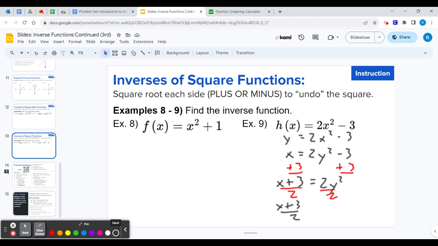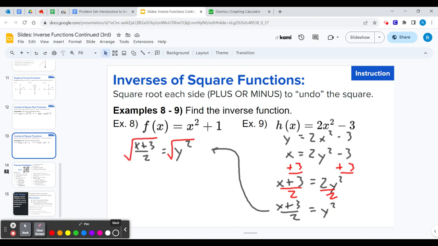x plus 3 over 2 equals y squared. And here's where we can take the square root. So I'm going to slide this over. You should have some space below on your notes here. I'm going to take x plus 3 over 2 equals y squared, and take the square root of both sides.